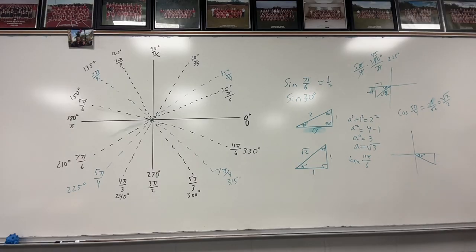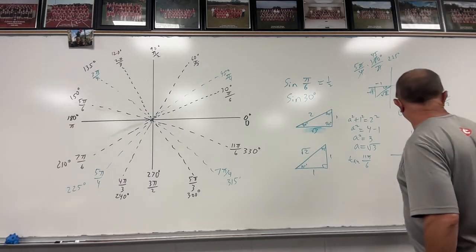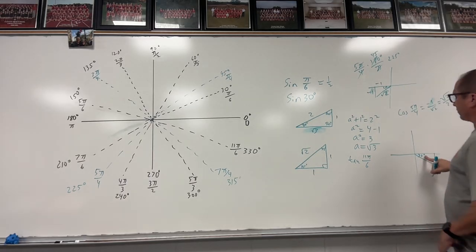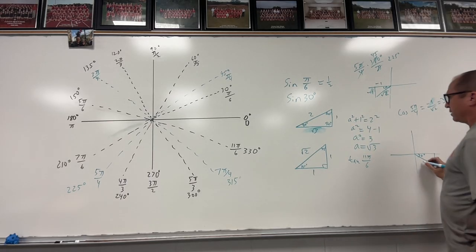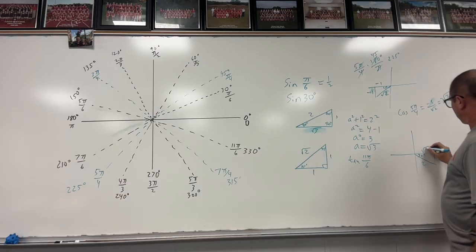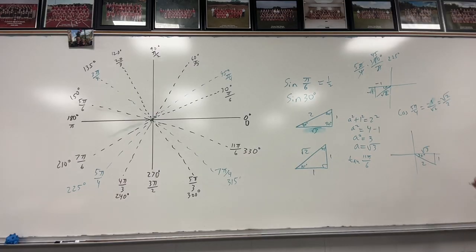And from that 30-degree angle, I'm going to put opposite of 30 is 1, hypotenuse 2, square root of 3 here. So let's say we want the tangent of this. This one's negative. So tangent is opposite over adjacent. So I've got negative.